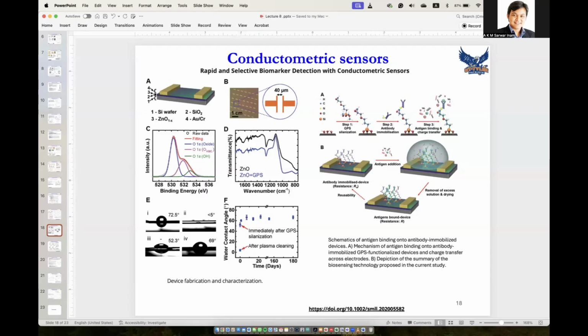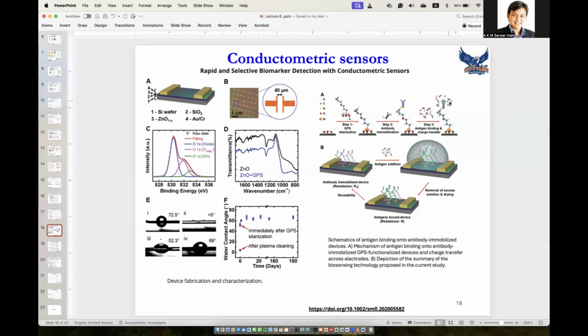And in this figure, they're showing the antibody immobilized device, the antigen binding onto the antibody immobilized device. So at first there is the sensor surface, and then step one, this GPS silanization, and then the antibody immobilization.